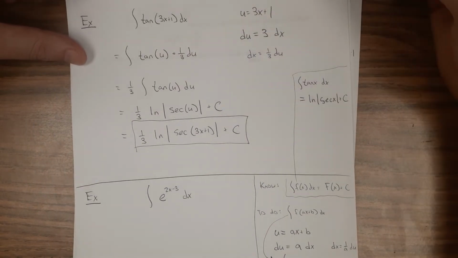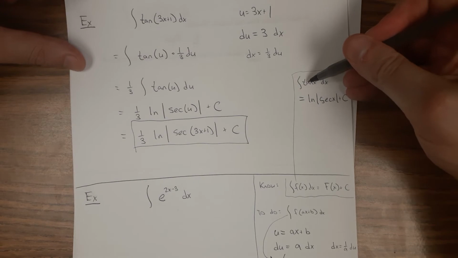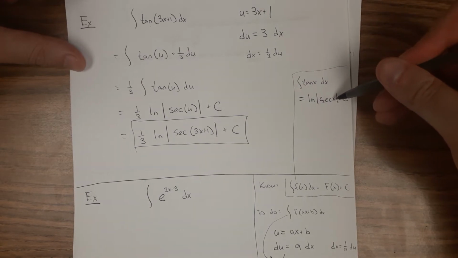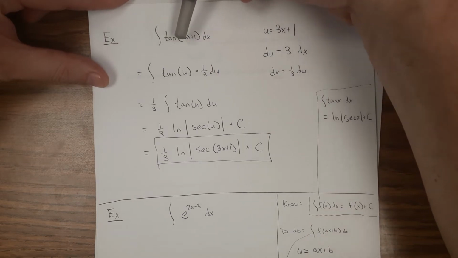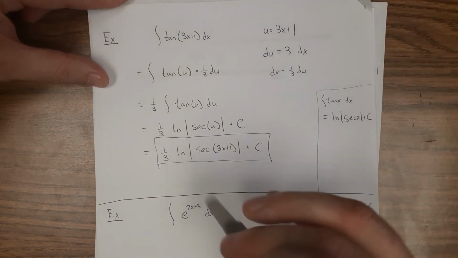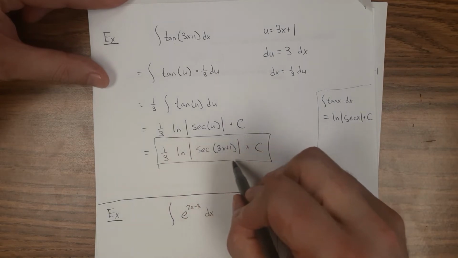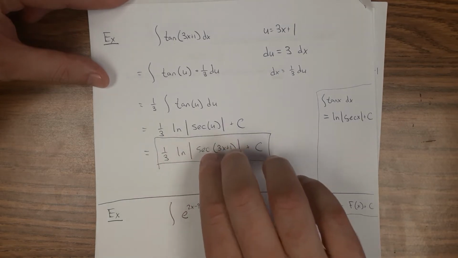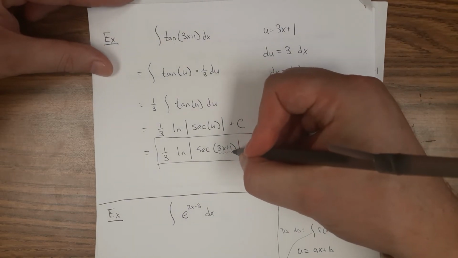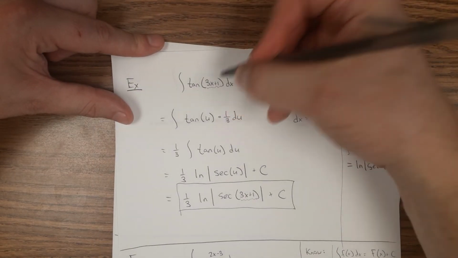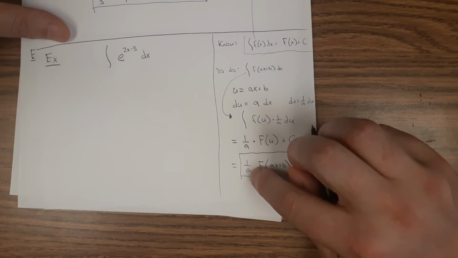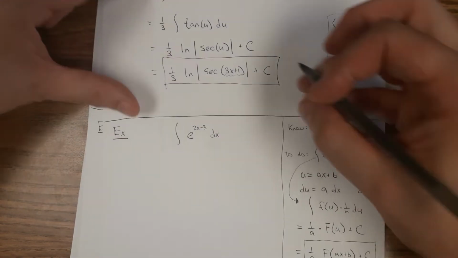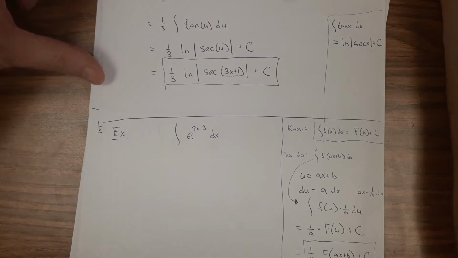And then look how similar the answer is. The antiderivative of tangent is natural log absolute value secant x. The antiderivative of tangent 3x plus 1 looks like the same function. I see a natural log of an absolute value of secant, the same thing here and here. And what do I have in front? I have 1 over a, because a was 3. So that's where this 1/3 comes from.